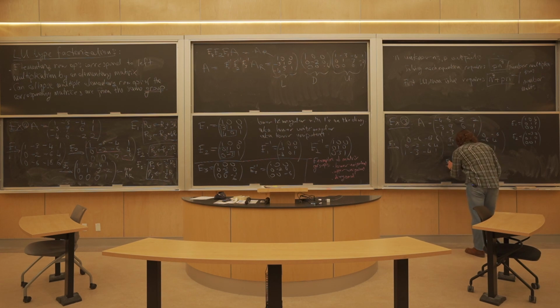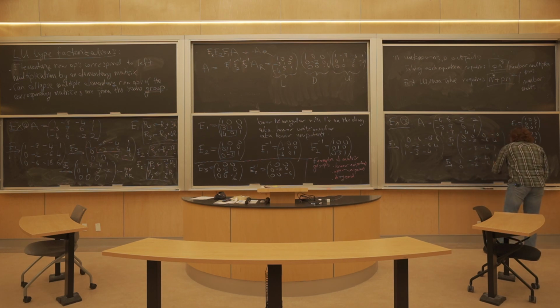Let me call this E3 this time to get this. And of course, E3 is the matrix that interchanges the first and the third rows.